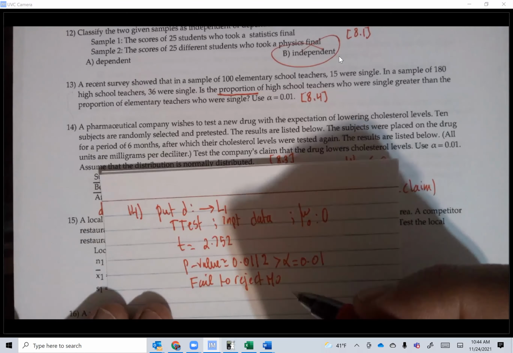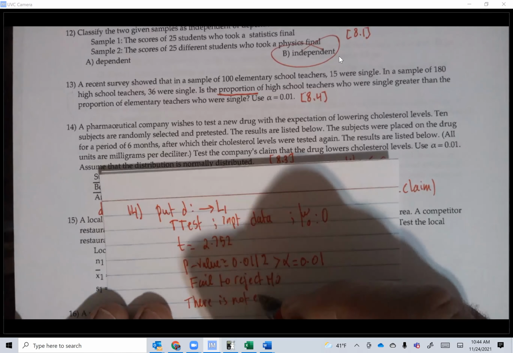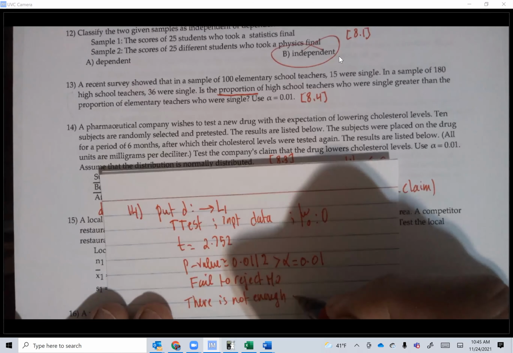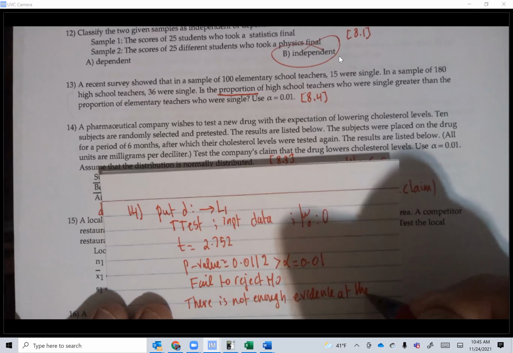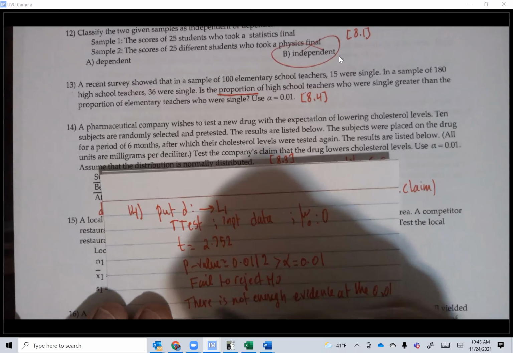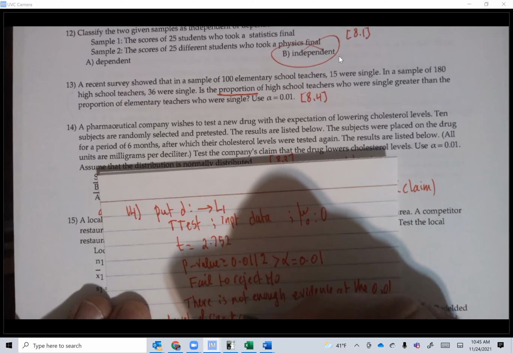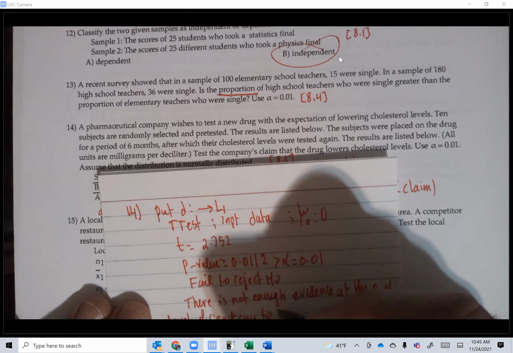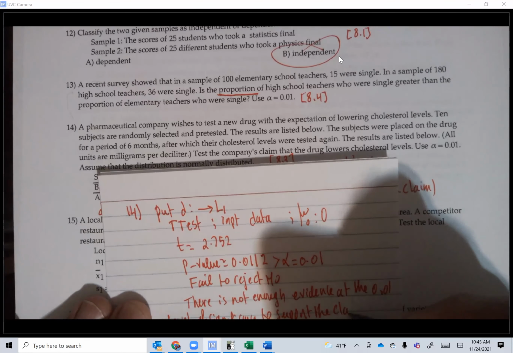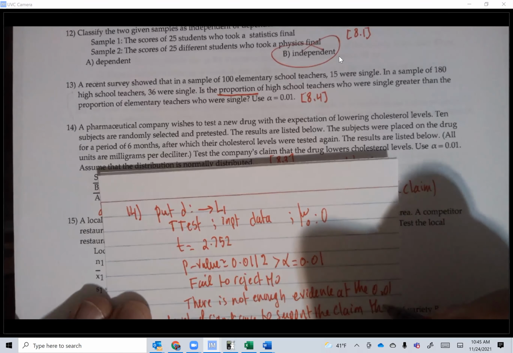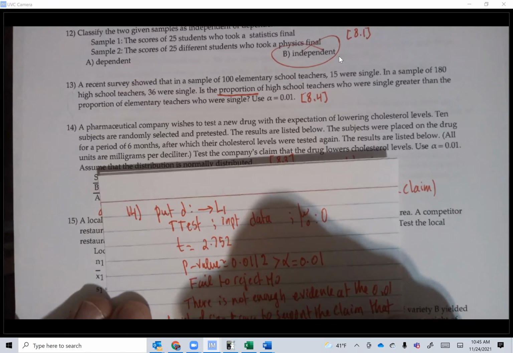Then you say there is not enough evidence at the 0.01 level of significance to support the claim that the drug lowers cholesterol levels.